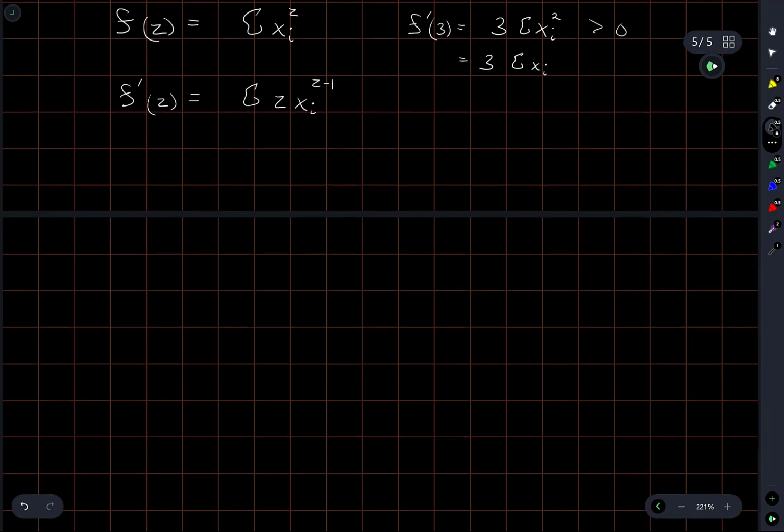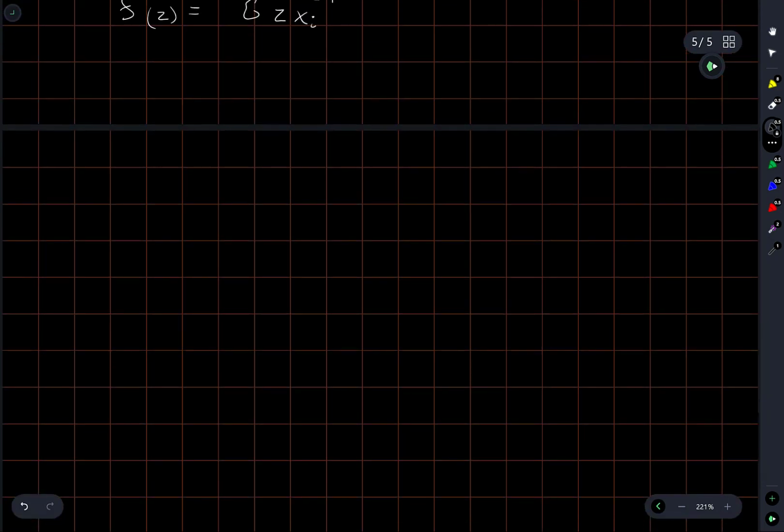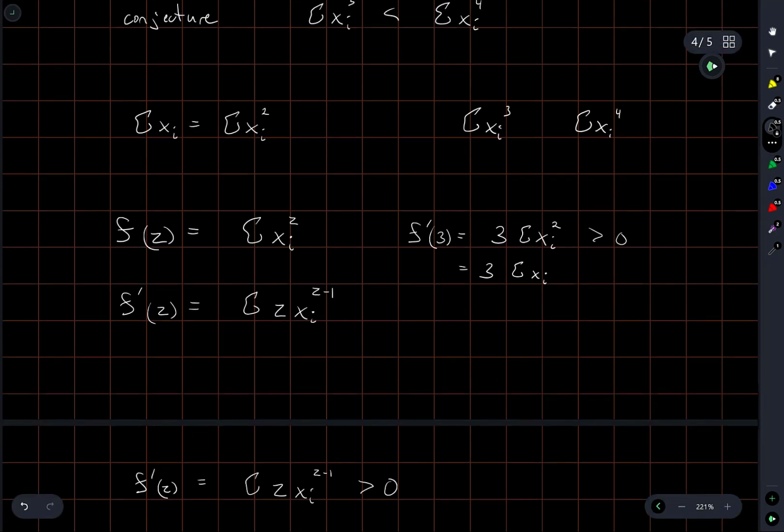Because if they all have to be positive, then these are all positive, then this is greater than 0. Then how can these even be equal?